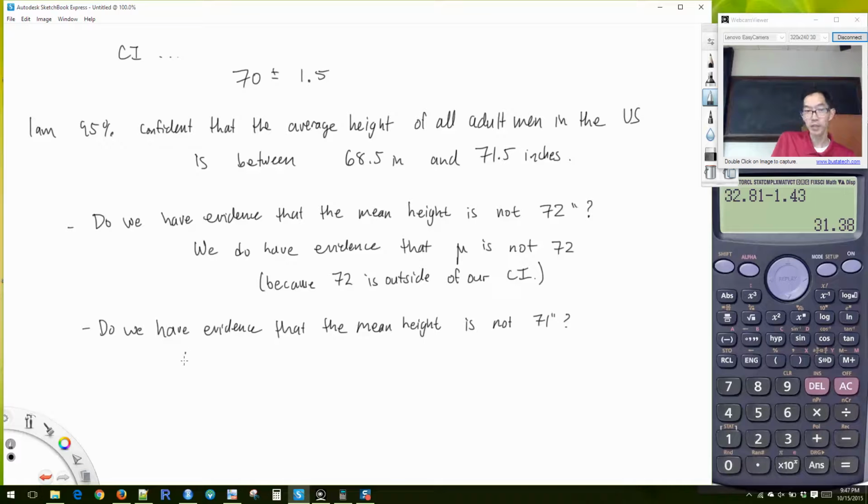So our answer here is no, okay? 71 inches is within our confidence interval. So it is a plausible value for mu, or we would say we do not have evidence against 71 inches.